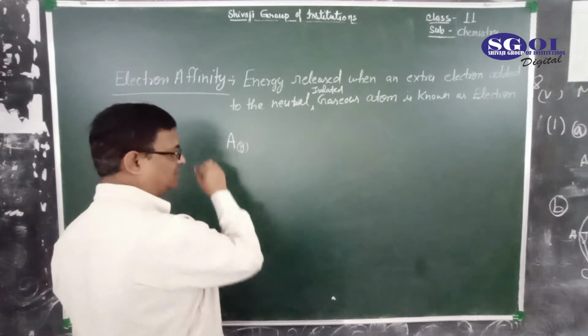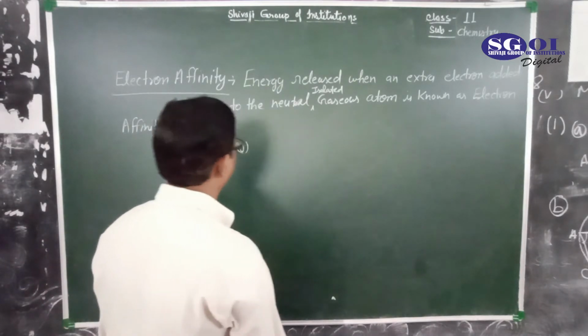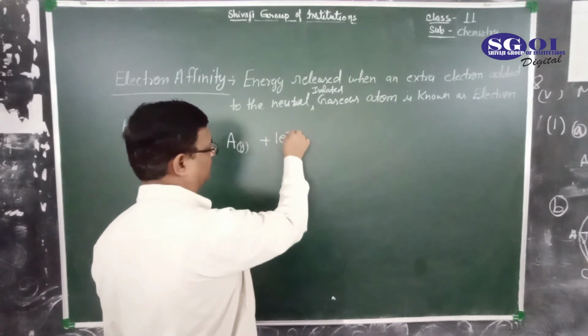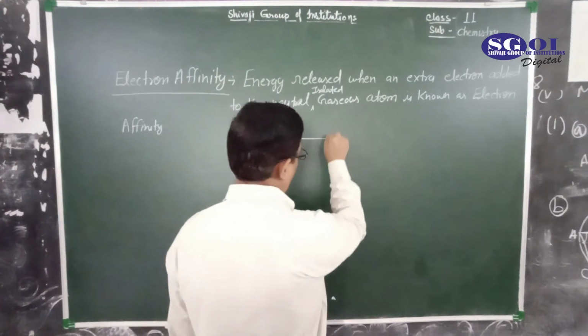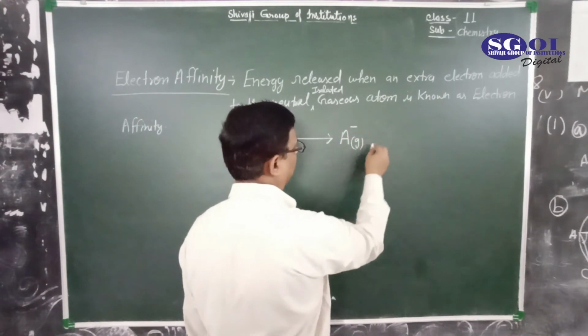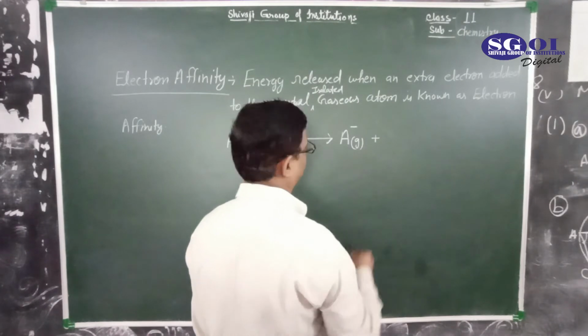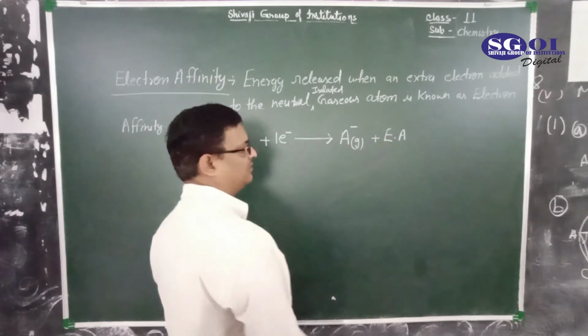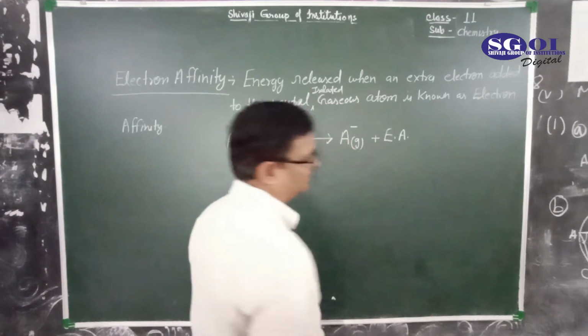We take its gaseous isolated atom and add one more electron to form a gaseous negative ion, and the energy released is the electron affinity.